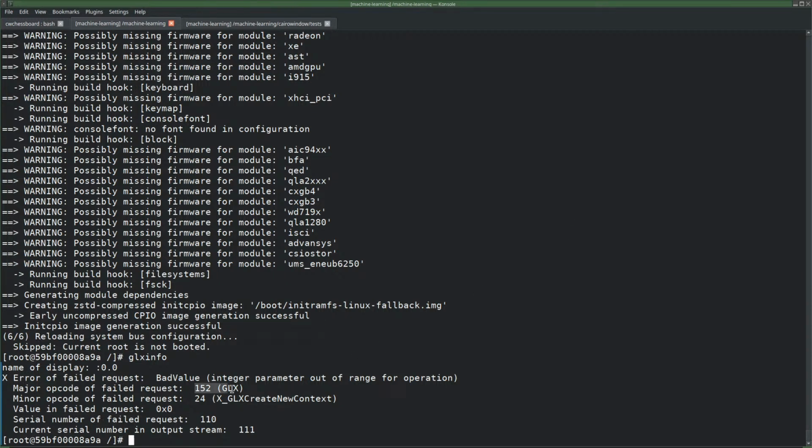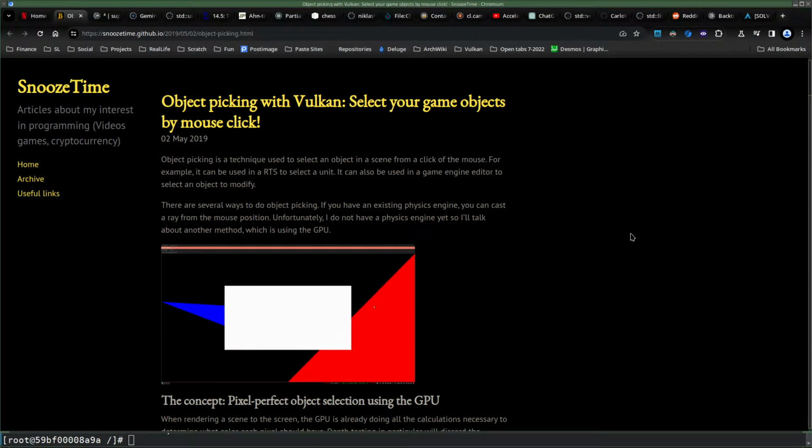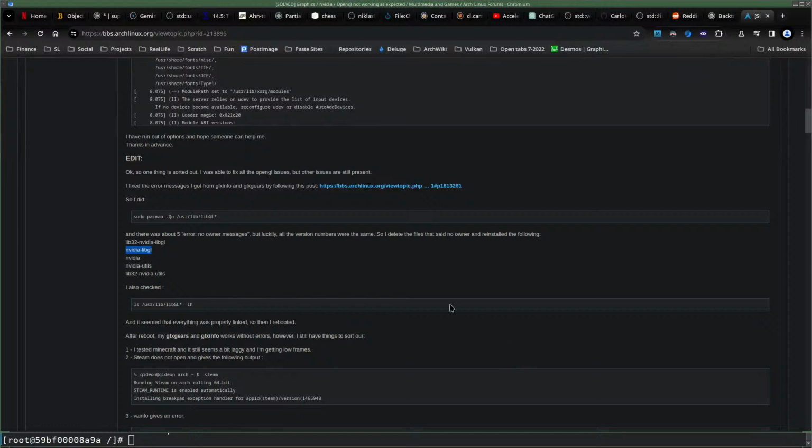I don't have GLX. That's clear. But what is needed for that?